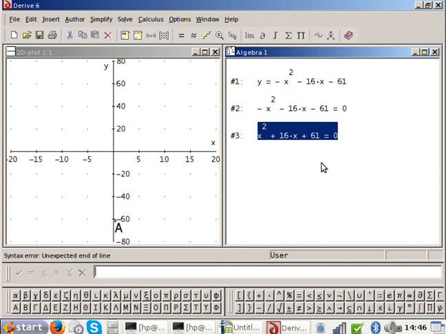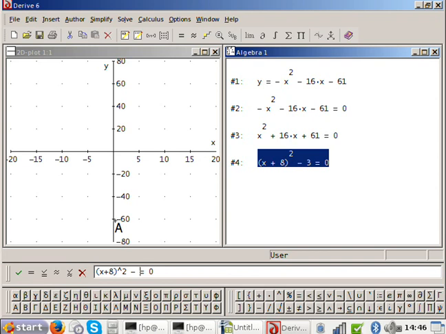Okay, so if I do complete the square, I have x plus 8 squared, and then it'll be 61 minus 64, isn't it? So 61 minus 64 is minus 3 equals 0.